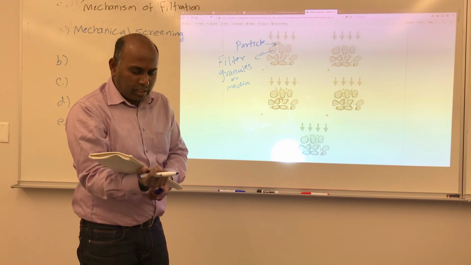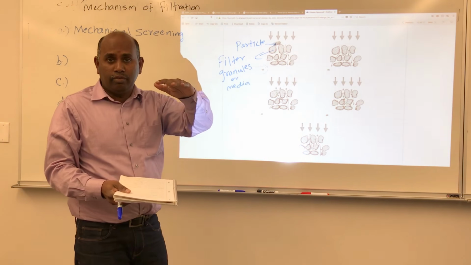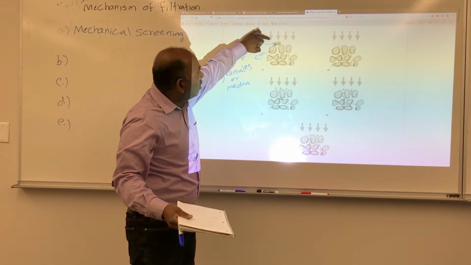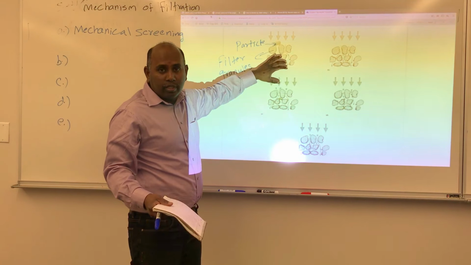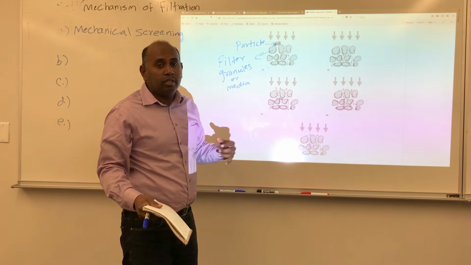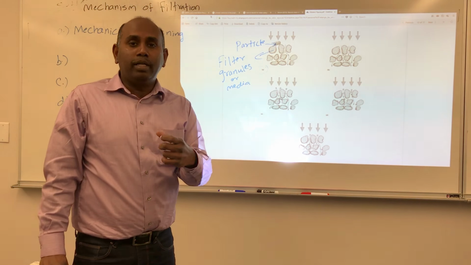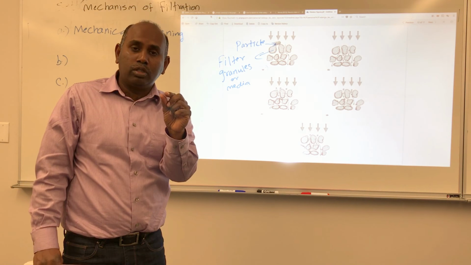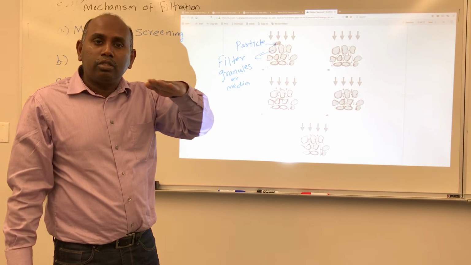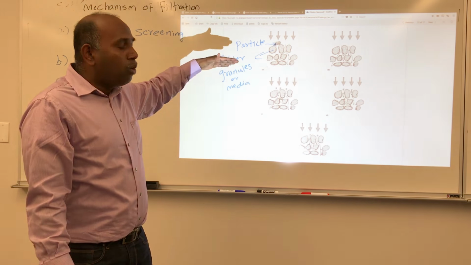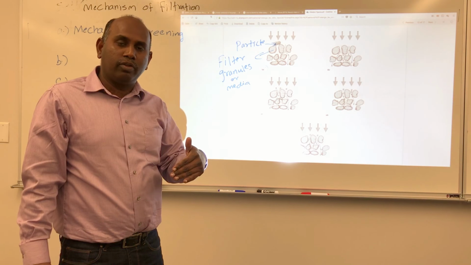So for example, let's assume this is sand inside the filter. Now we are pumping water. This arrow indicates water is flowing through the filter, and this is the particle that is present in water. If the size of that particle is too big to pass through the small pores or spaces between the sand granules, it is stopped at the top, and more particles get stopped at the top, and clean water flows through the filter.